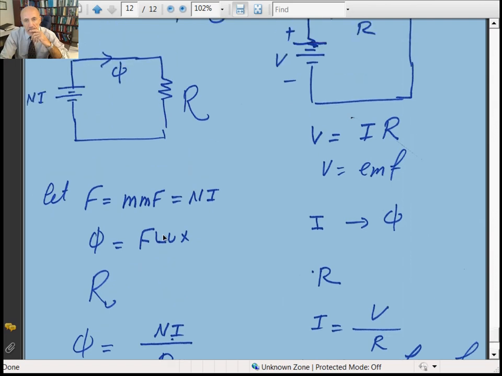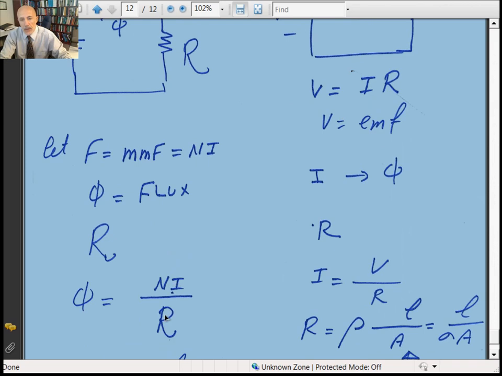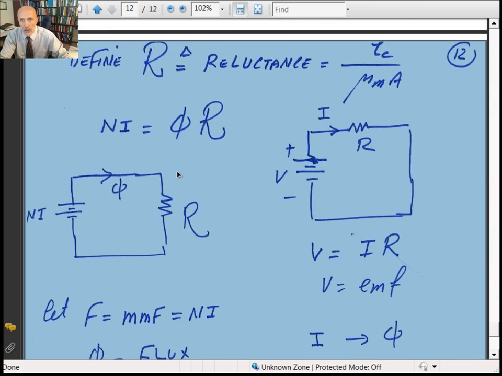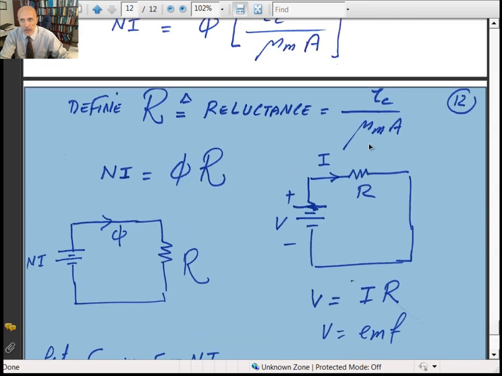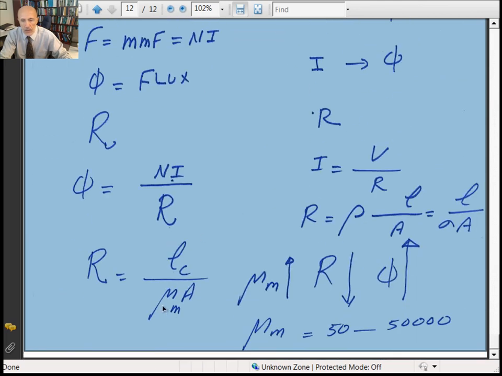Let's look at this equation again. The flux phi is equal to Ni divided by reluctance. Let's see what happens with the reluctance. Well, the reluctance was defined as L sub C over mu sub m times A. For a given piece of iron core, again, L sub C is constant, A is constant, but what happens for mu sub m?